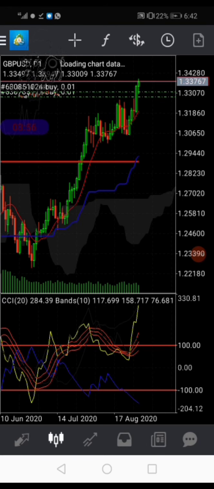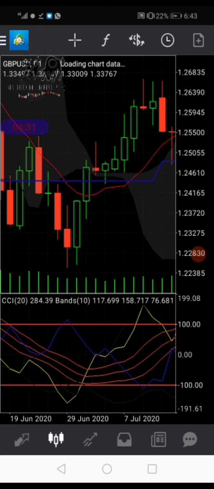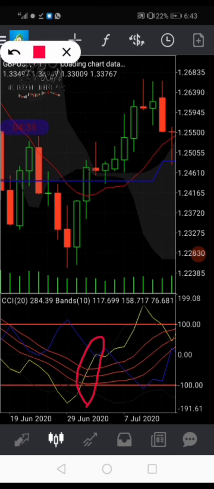Then let me show you how it works. You see your CCI line, this gold line, when it crosses the Bollinger Bands right there, then you also wait for your blue line to move above the gold line.